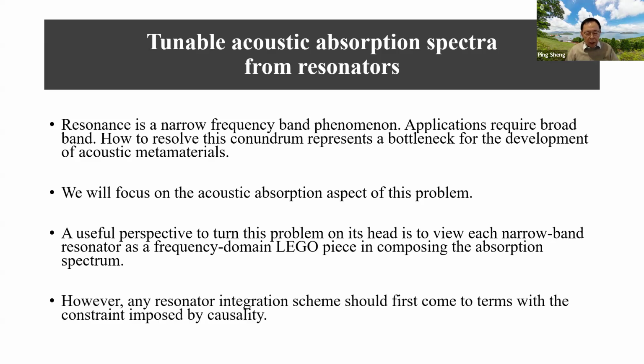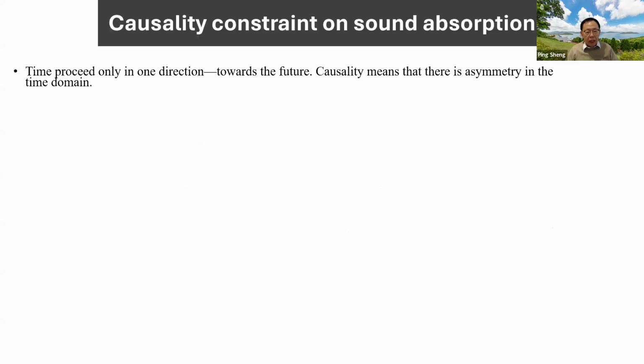However, any resonator integration scheme should first come to terms with the constraint imposed by causality. And so I will directly go into this issue, which is the causality constraint on sound absorption. Causality means time proceeds in only one direction, towards the future, of course.